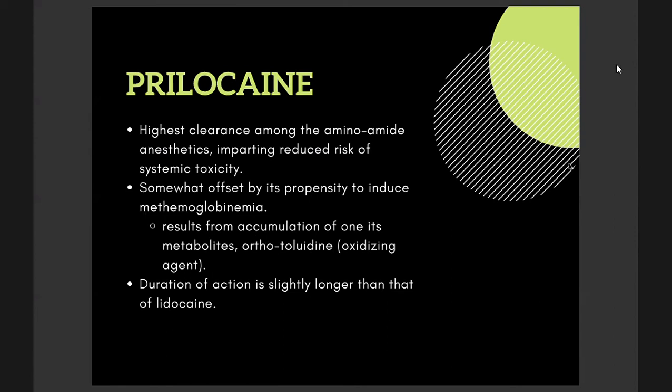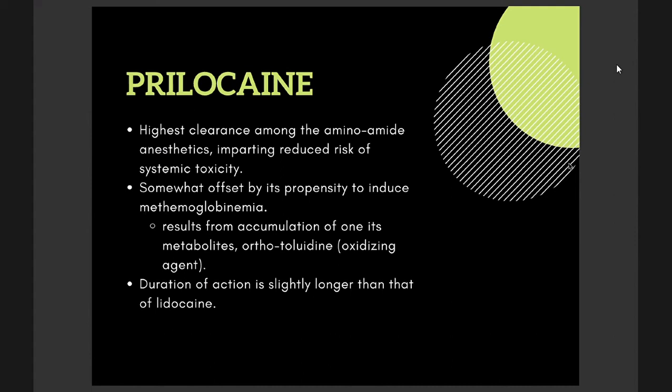Methemoglobinemia from prilocaine results when you give prilocaine at a dose greater than 600 milligrams.